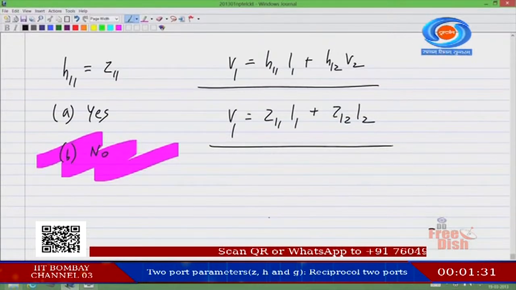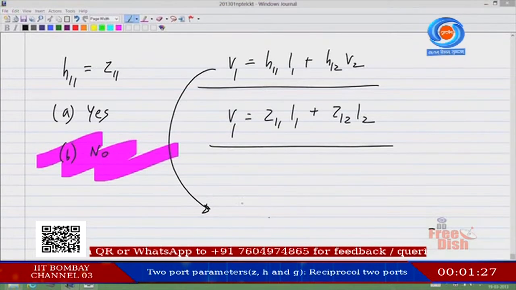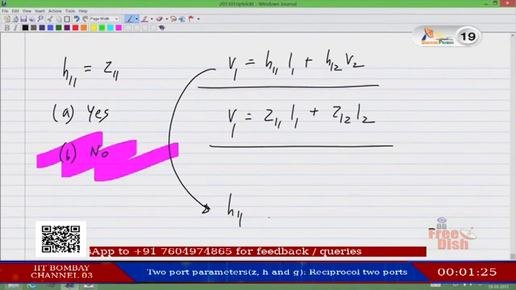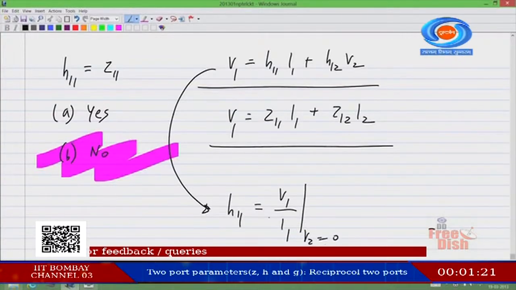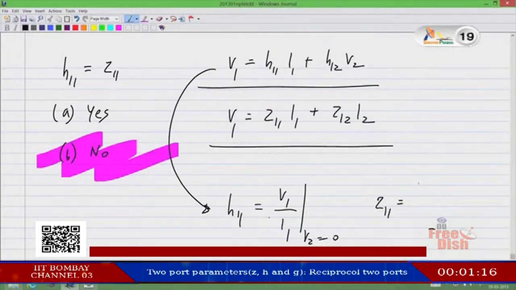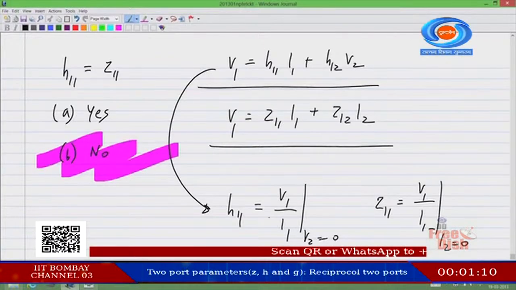But if you look at the value of H11, it is V1 by I1 with V2 equal to 0, that is port 2 short circuited, whereas Z11 is also V1 by I1 but under different conditions, with I2 equal to 0, with port 2 open circuited. So H11 is not the same as Z11.